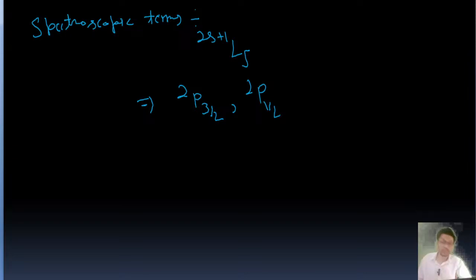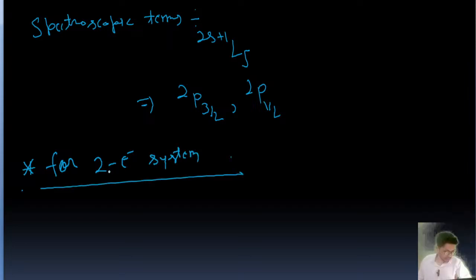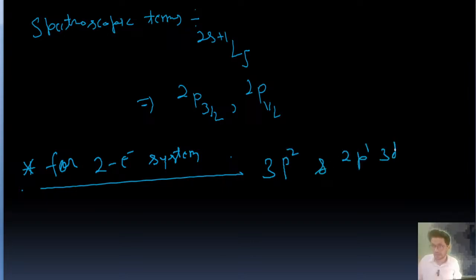Now spectroscopic terms for a two electron system. For example, we have 3p2 and 2p1 3d1. This is an important one.